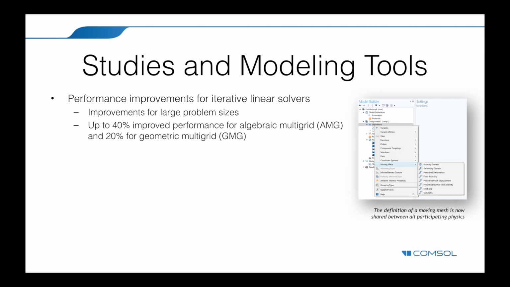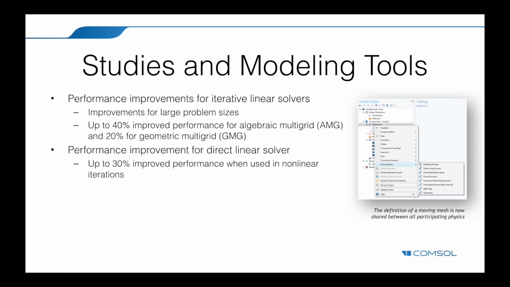The geometric multigrid method, or GMG method, has up to 20% performance improvements. When you use a nonlinear solver in COMSOL, you get the option of using a direct linear solver or an iterative solver. When you use the direct linear solver, you will now see up to 30% improvement thanks to the fact that we are reusing the reordering between each iteration.